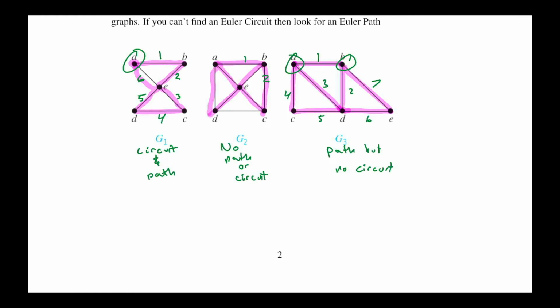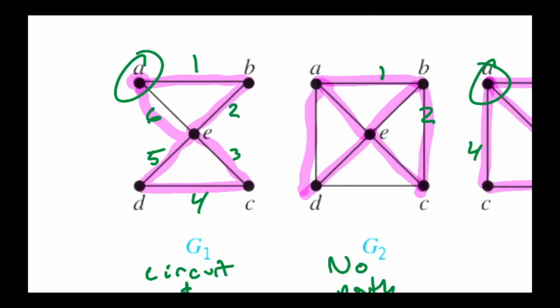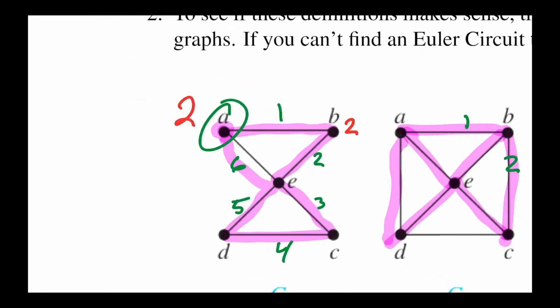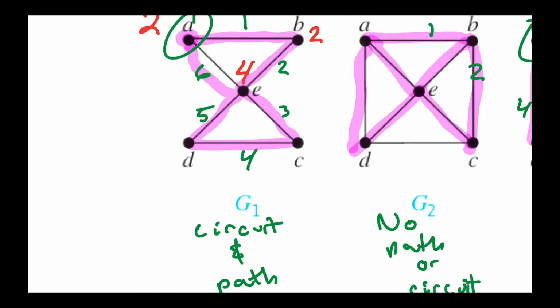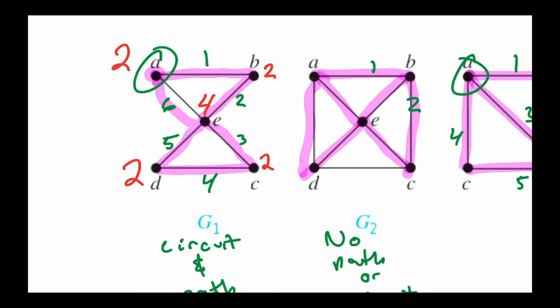If I come to these graphs again and look at the degree of each vertex, I'm just going to write the degree. The degree of A here is 2, the degree of B is 2, the degree of E is 4, the degree of C is 2, and the degree of D is 2. Look at all those numbers: 2, 2, 2, 2, 4.